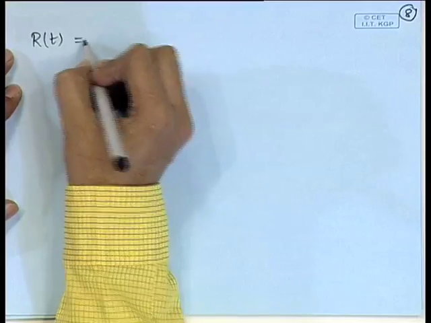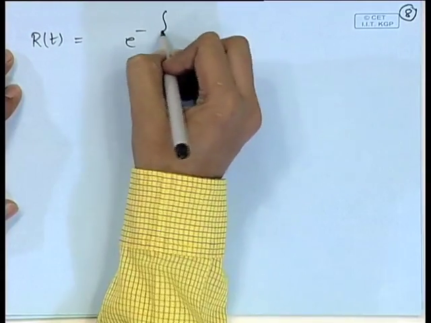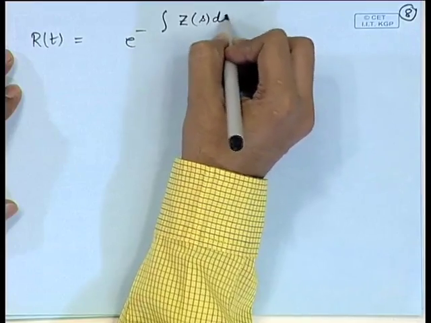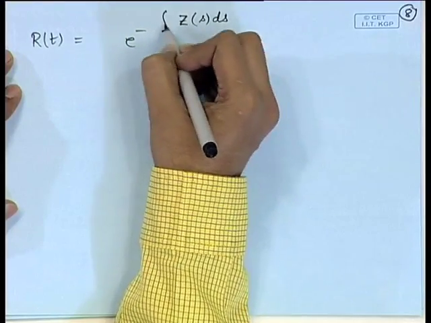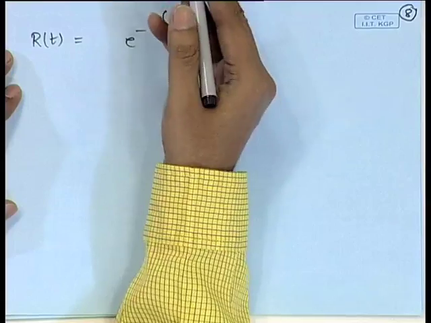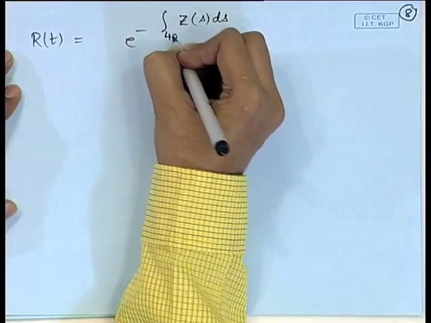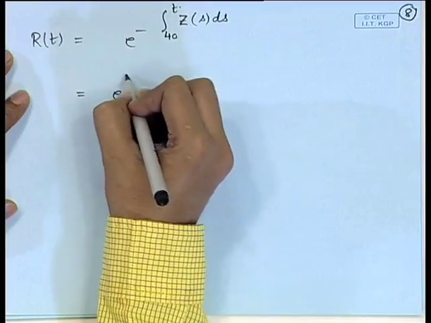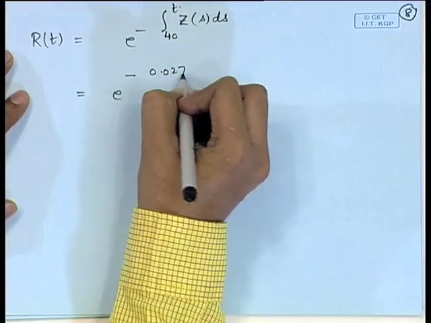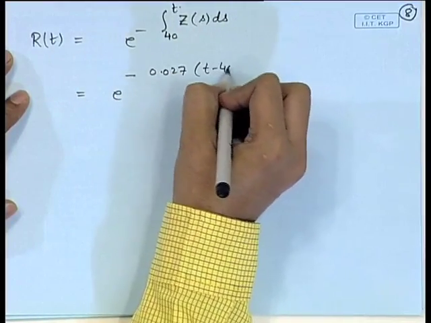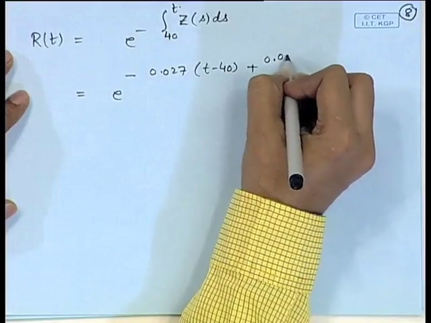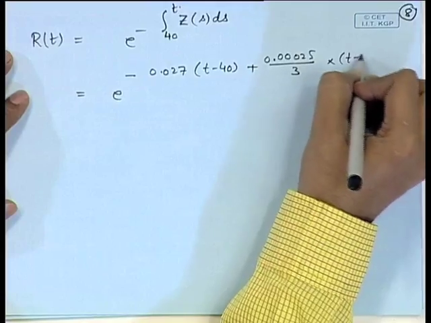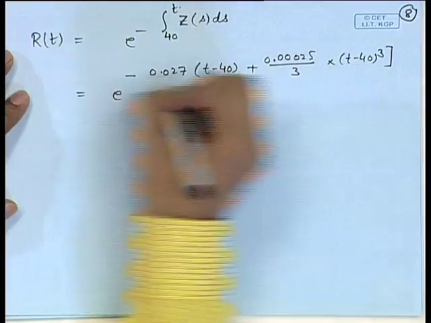R t is equal to e to the power minus the integral of z s d s. Here we have written an indefinite integral, but since it is already given, we can put the limits as 40 to t. That is equal to e to the power minus 0.027 times t minus 40 plus 0.00025 by 3 times t minus 40 cubed.